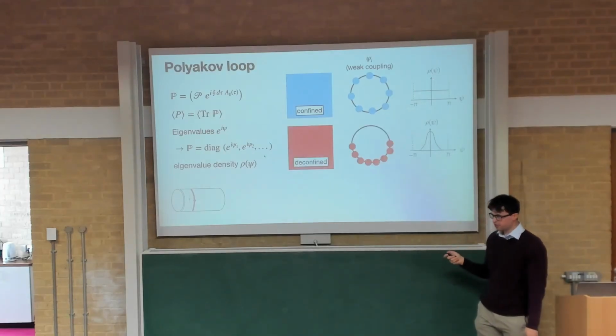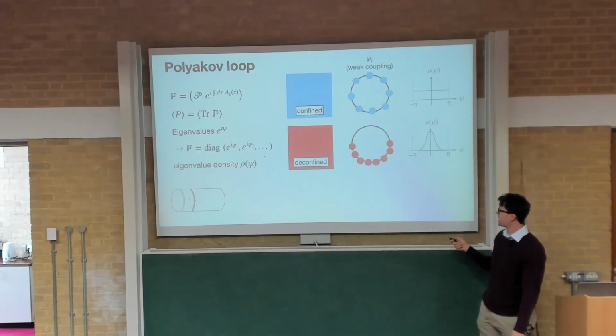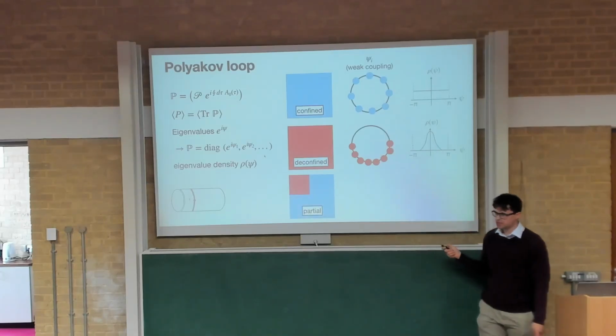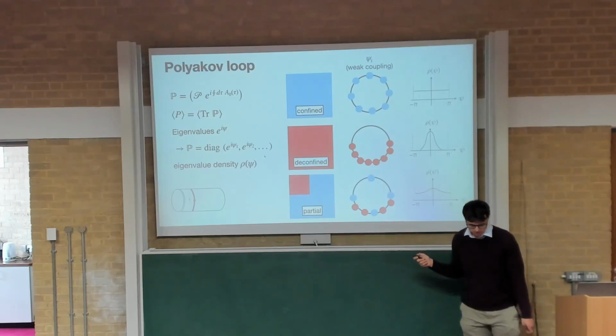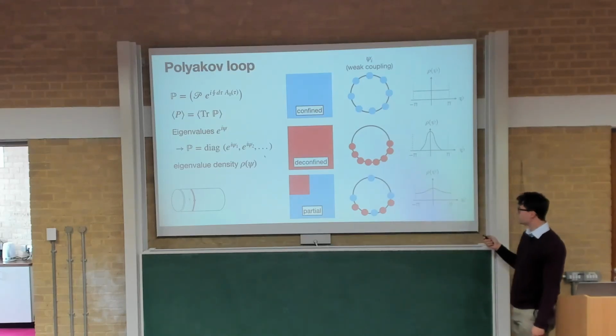Likewise, the deconfined phase is characterized by a gap in the distribution. The partially confined phase is a mix between these. It has a uniform part and a part which clumps and has a gap. So the partially deconfined phase is represented by a distribution which is non-uniform, but it's also non-gapped.